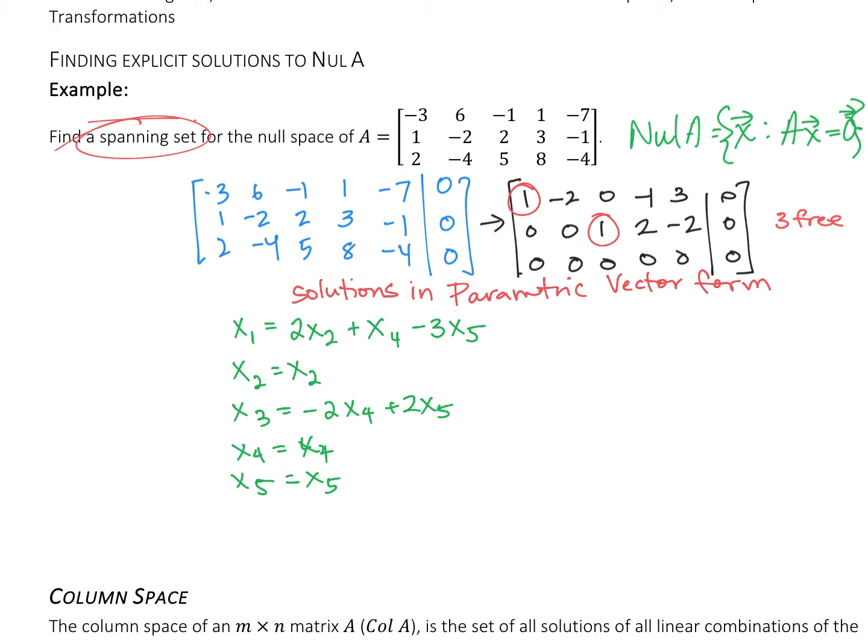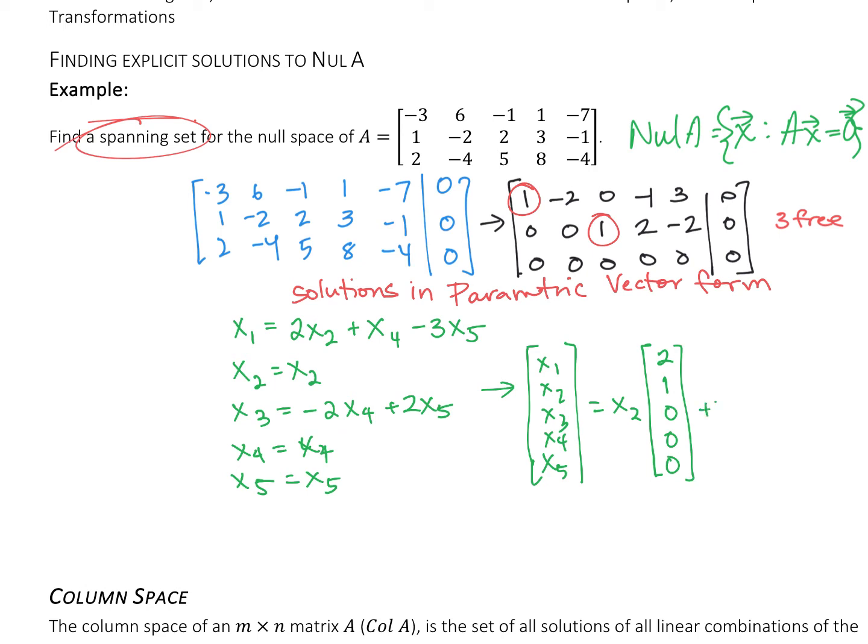So if I take this idea and write it in parametric vector form, we have that the vector x1, x2, x3, x4, x5 is equal to x2 times whatever constants end up in it: in x1, x2 is multiplied by 2, in x2 it is multiplied by 1, in x3 I've got no x2 term, and same thing with the last two.